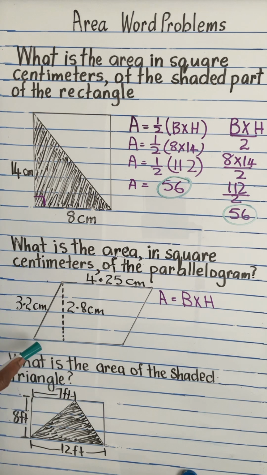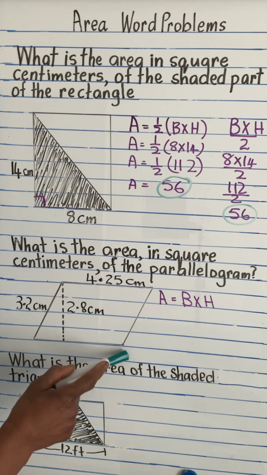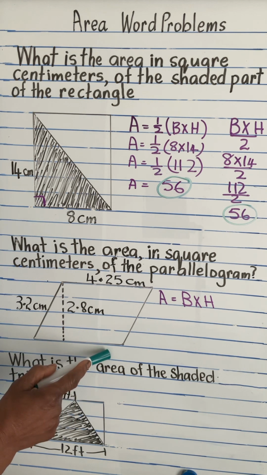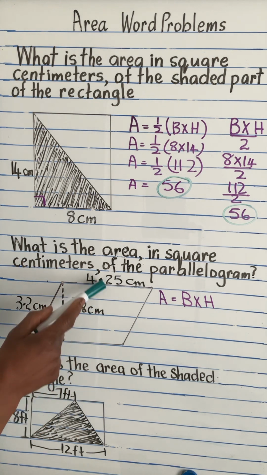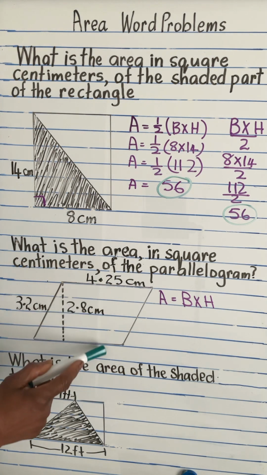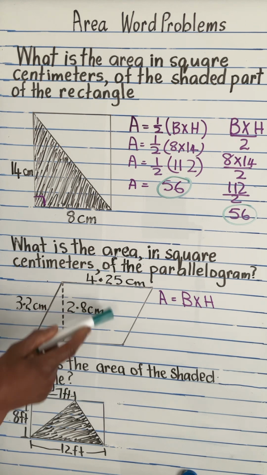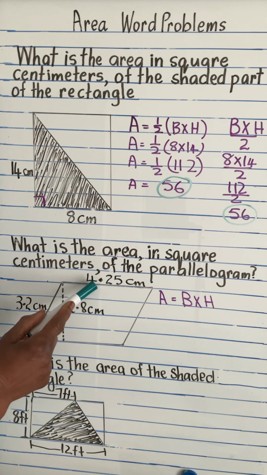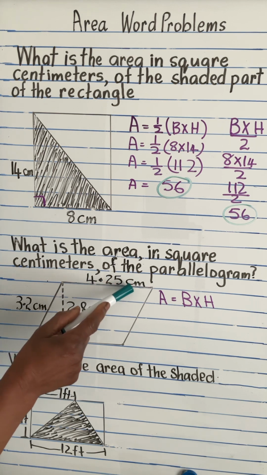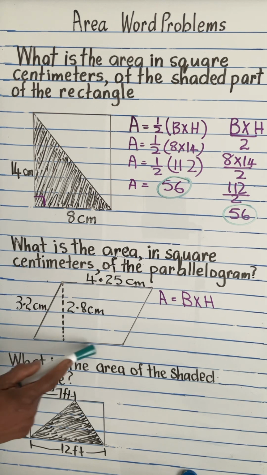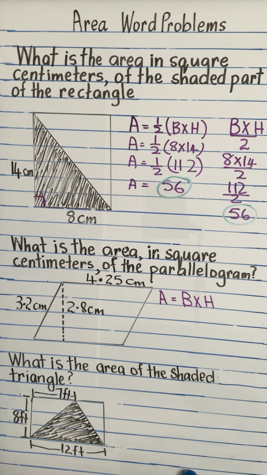So the base right here is a base, but we know that the opposite sides of a parallelogram, or a rectangle pushed out of shape, are equal. So this is 4.25 centimeters. So that means the base is 4.25 centimeters.